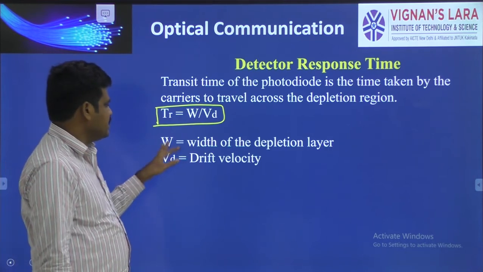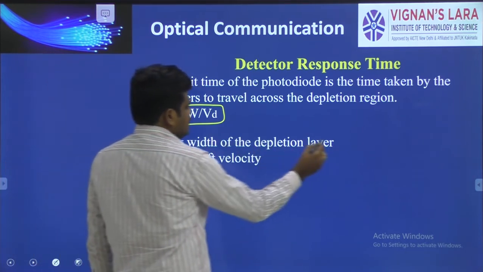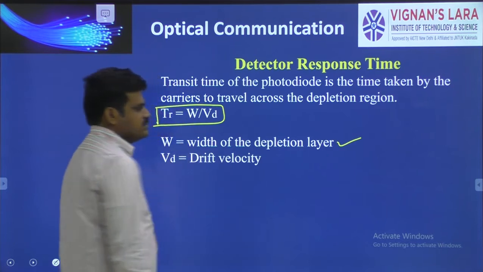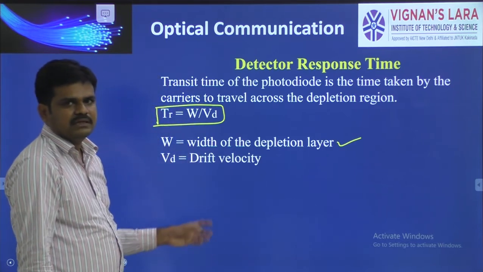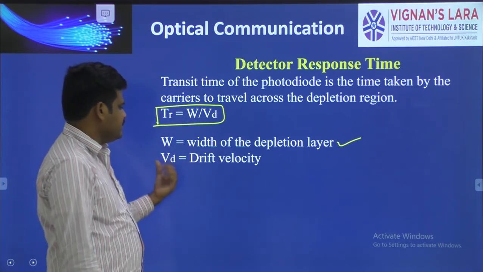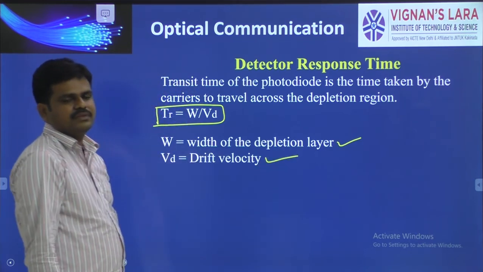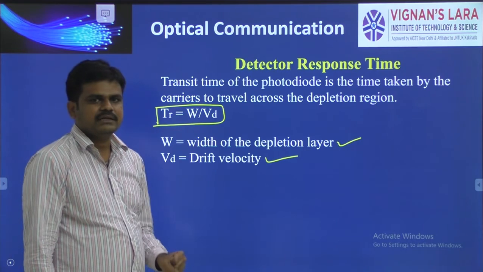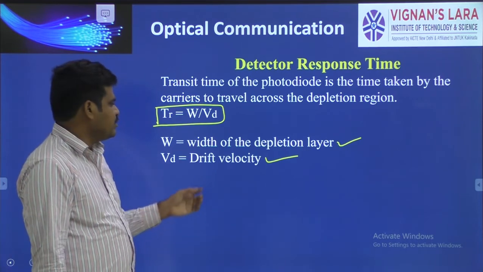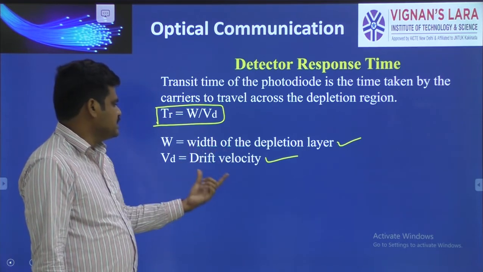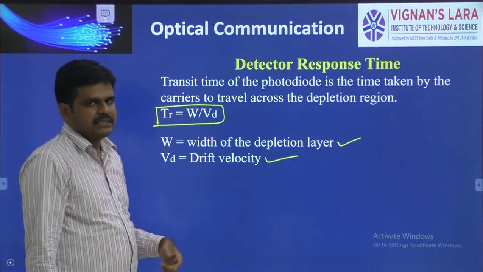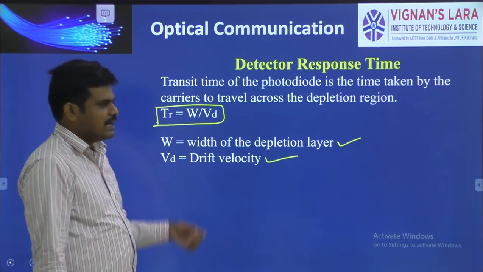What is W? Width of the depletion region. What is VD? Drift velocity of the carriers. So depending upon the width of the depletion region and the drift velocity of the carriers, we can calculate the transit time.